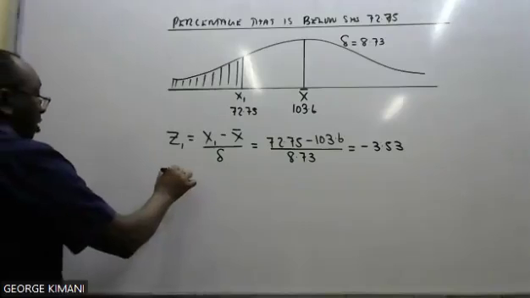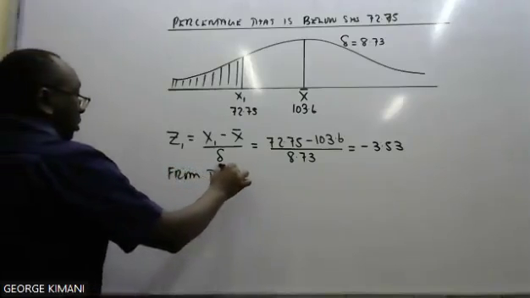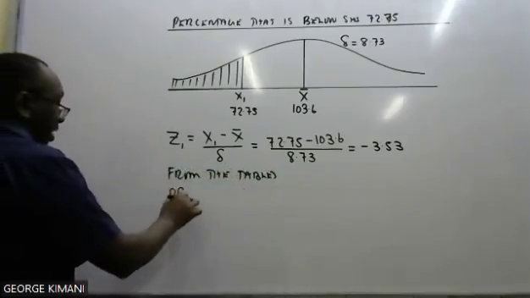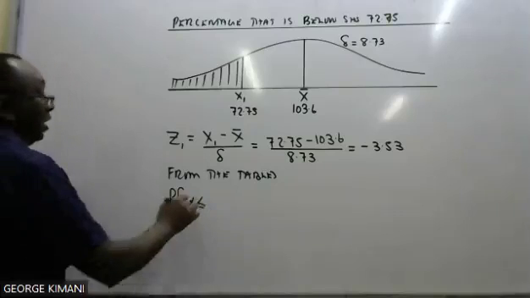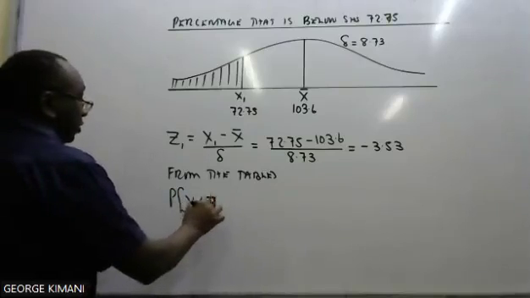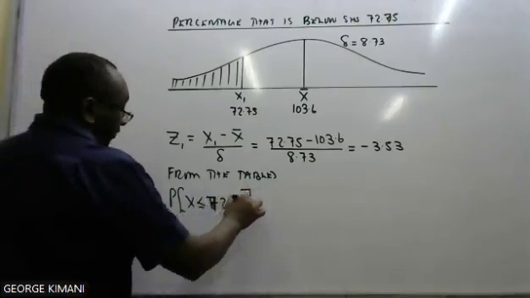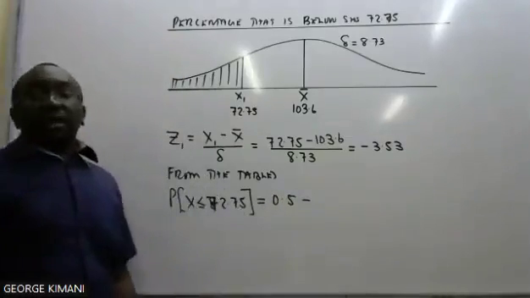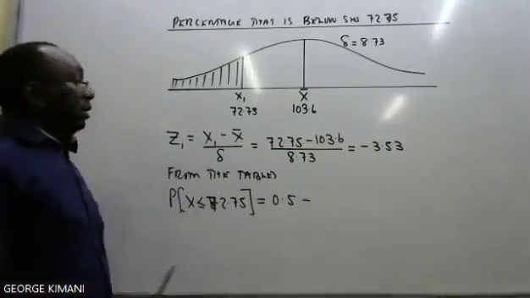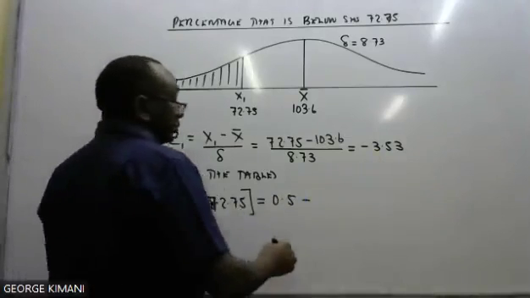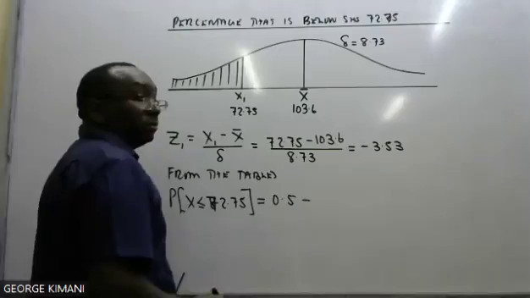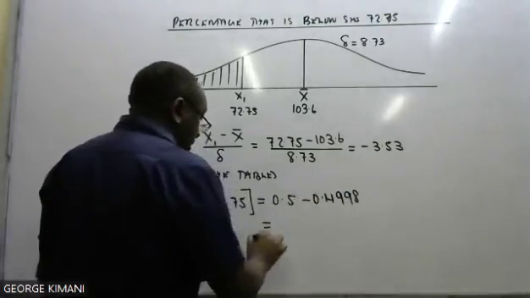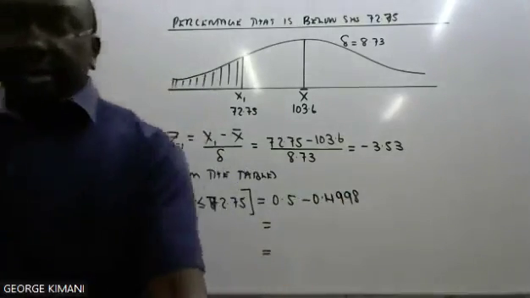So from the tables, probability that X is less than 72.75. It is 0.5 minus, sasa uende kwa tables, usome hii. 0.4998. So get the answer and multiply by 100.